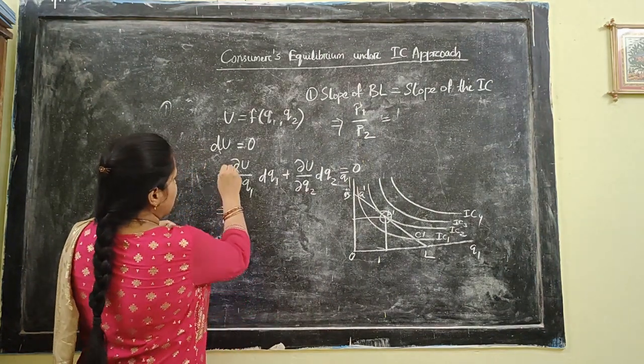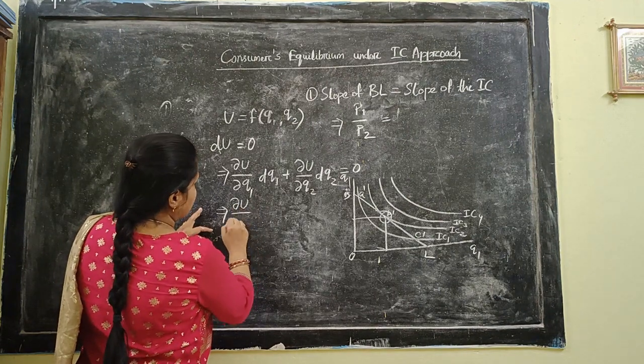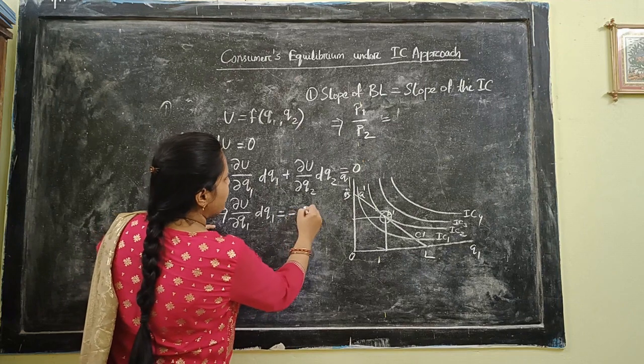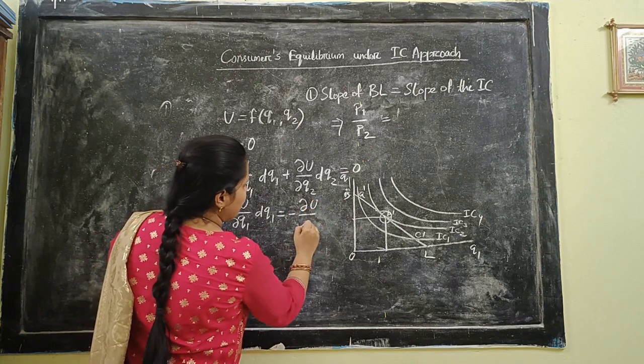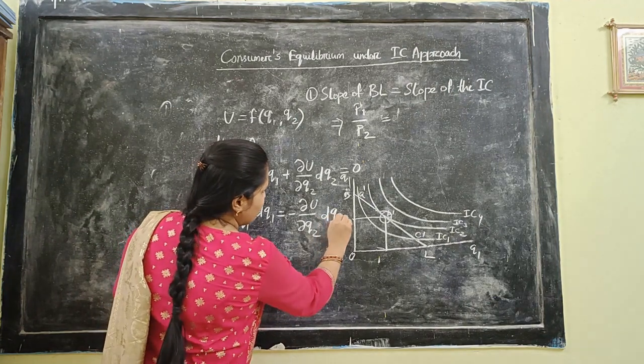This implies partial derivative of utility with respect to Q1 into dQ1 is equal to minus of partial derivative of utility with respect to Q2 into dQ2.